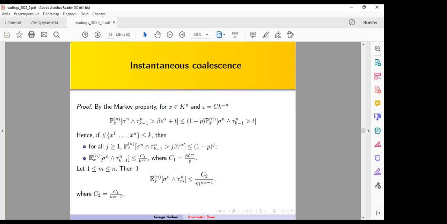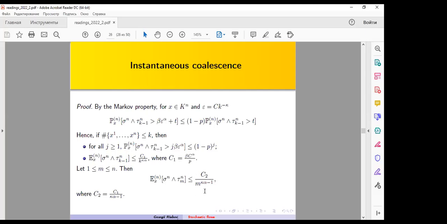Taking the sums of such expectations, we can estimate the expectation of such a stopping time. So this is sigma n minimum tau n m, where tau n m is the time when there are at most m trajectories. So we will consider a series of 1 over k to the power kappa alpha, which has this estimate.